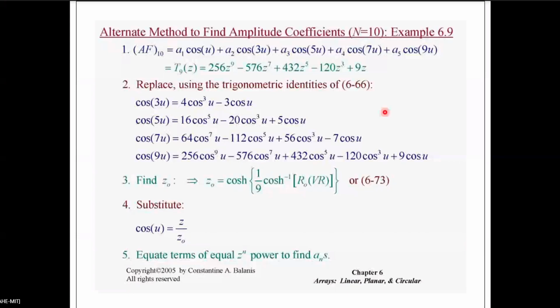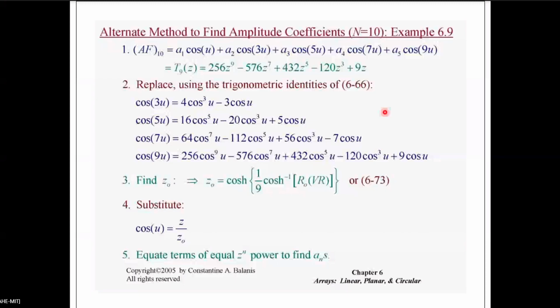The side lobes are R0 dB below the maximum of the major lobe. Find the excitation coefficients and form the array factor. Have you noted down?